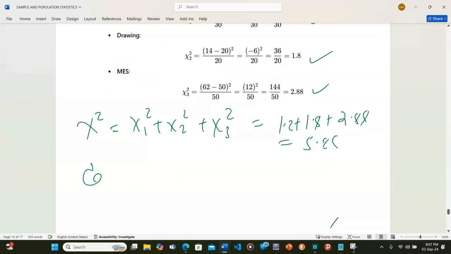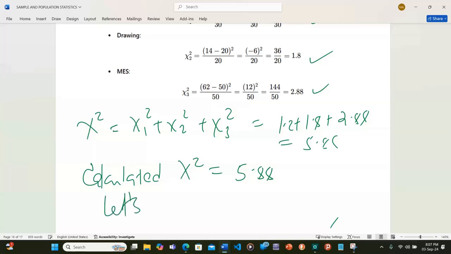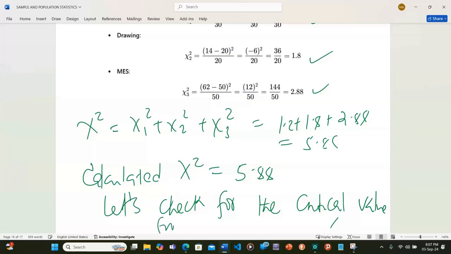So this is the calculated chi-square value: the calculated chi-squared value is equal to 5.88. So let's check for the critical value from the table.